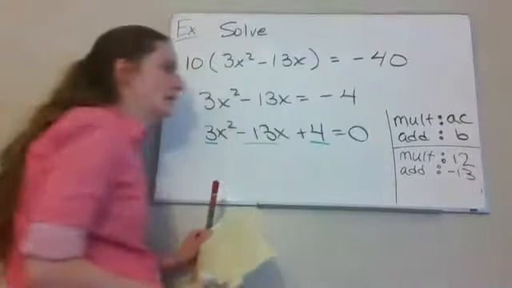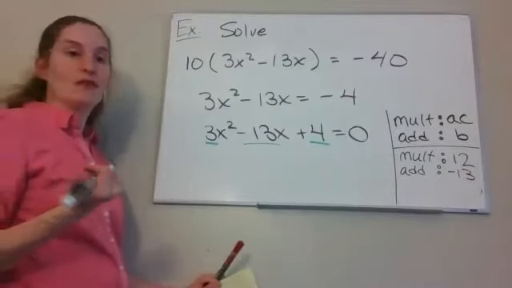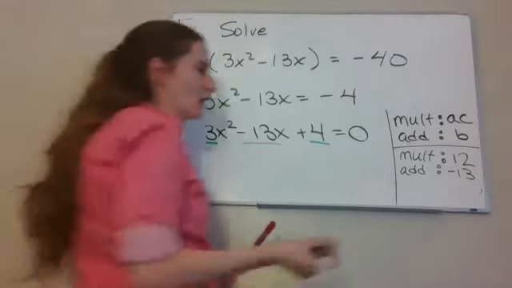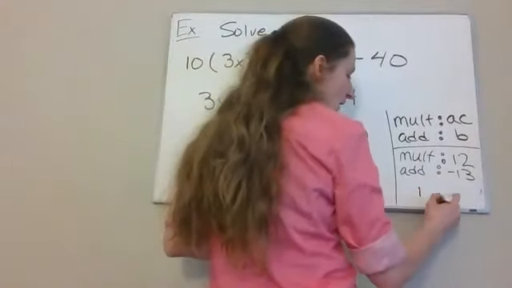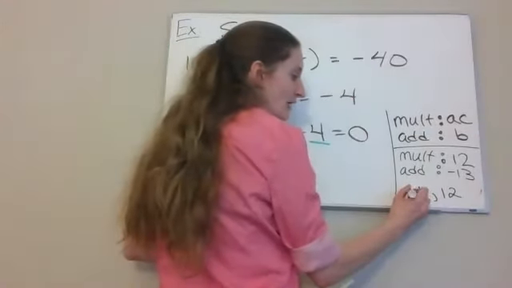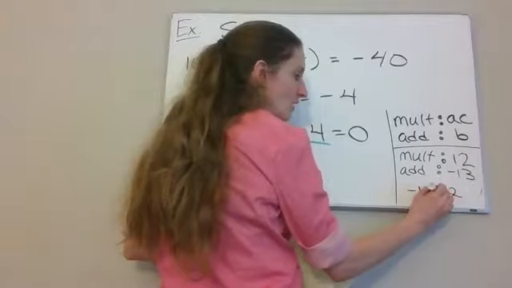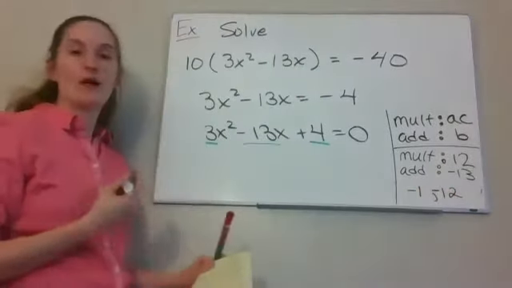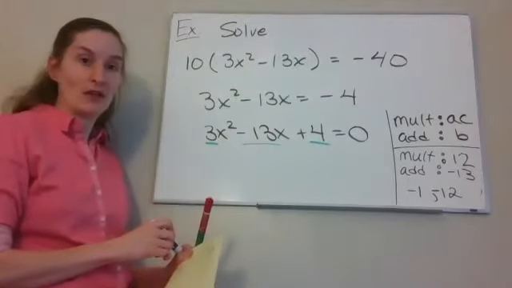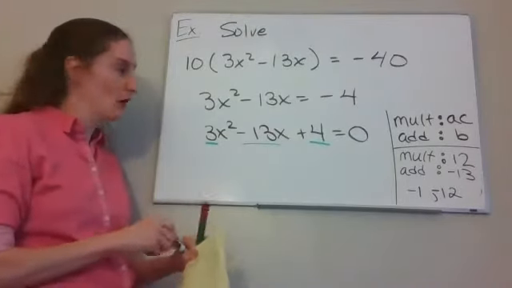So you want to list things that multiply to 12 and find the correct combination that will add up to negative 13. One thing I noticed right away is that 1 and 12 multiply to 12. And if I make them both negative, negative 1 times negative 12 is still 12. And negative 1 plus negative 12 is negative 13. Those are the numbers that I want.